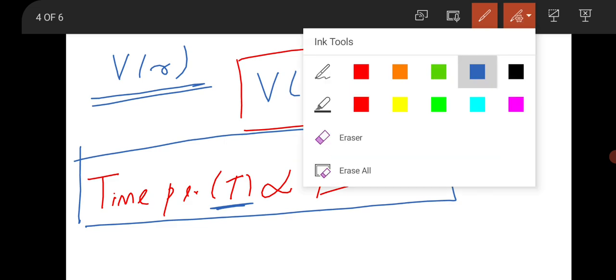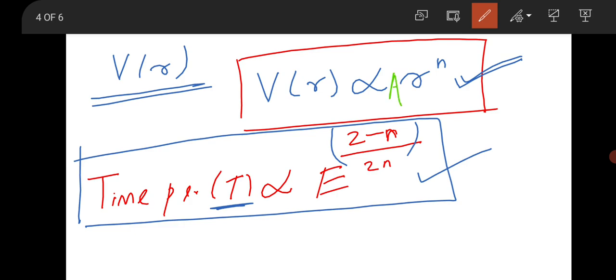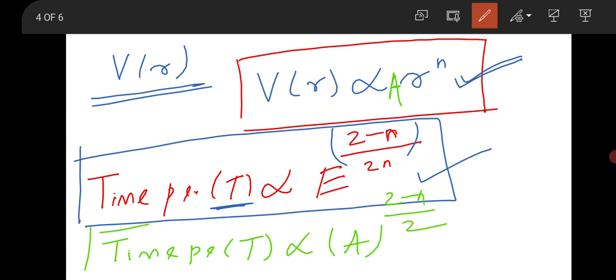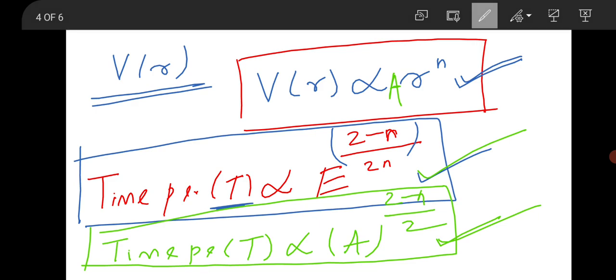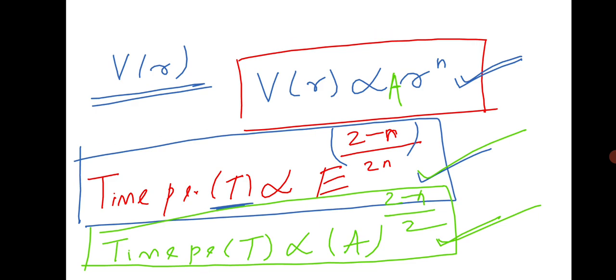And if there is an amplitude term a here, then the proportionality will be converted to equality, and the time period T will be proportional to the amplitude a to the power (2 minus n) by 2. So this is the short trick, that is the relation between time period and energy, and the relation between time period and amplitude. This is one of the best questions you can consider, a very important short trick.